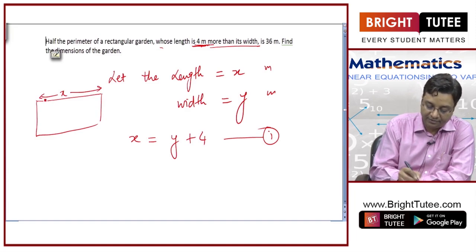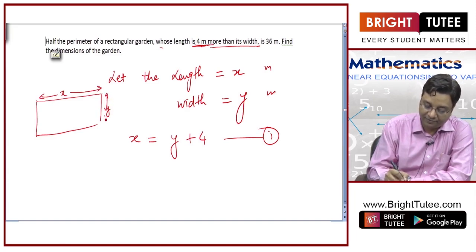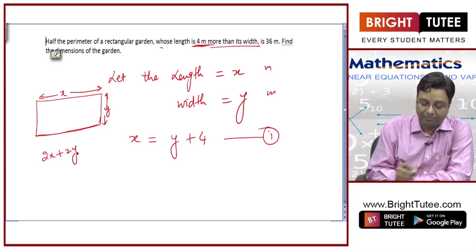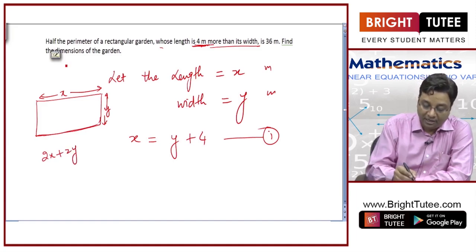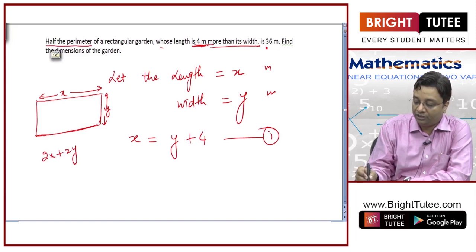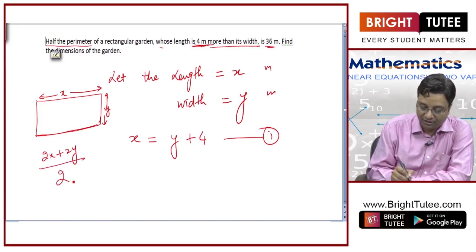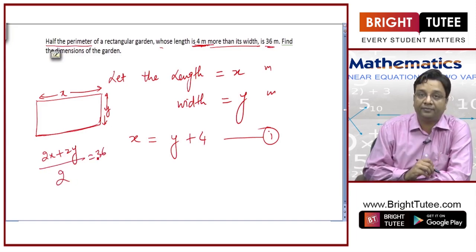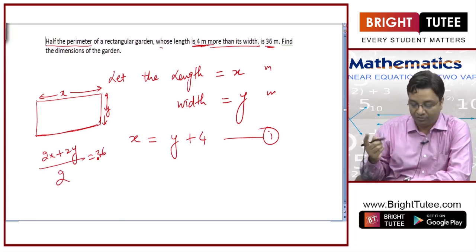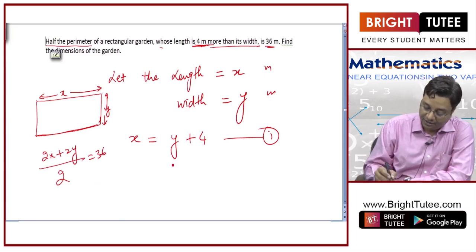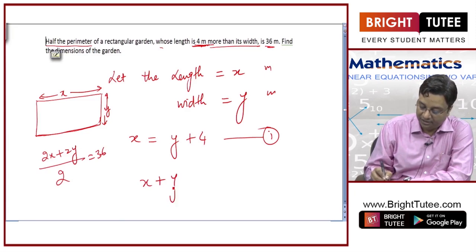Okay. Look at the rectangle here. The length is x, width is y. What will be the perimeter? Perimeter is this boundary, right? So 2x plus 2y is the perimeter, and half the perimeter is given equal to 36 meters. This will give us our second equation, which is x plus y is equal to 36.